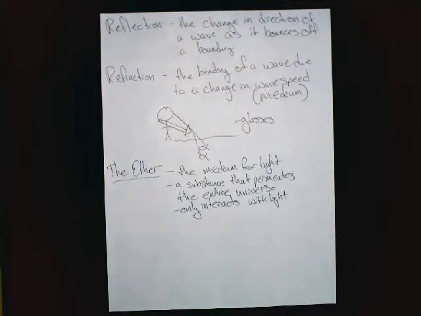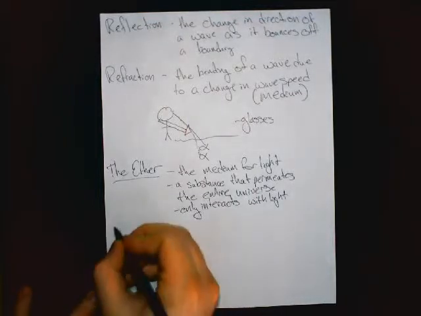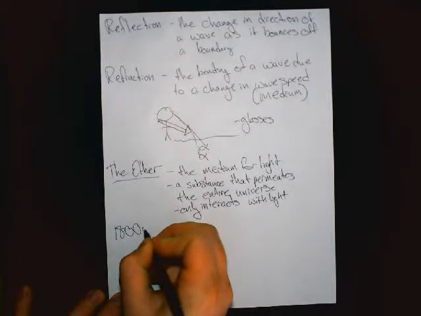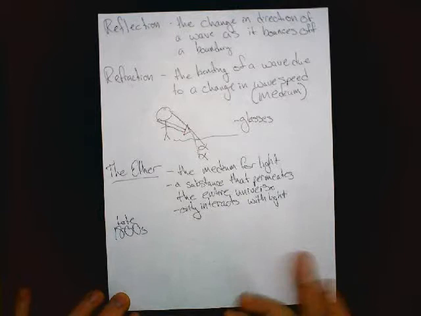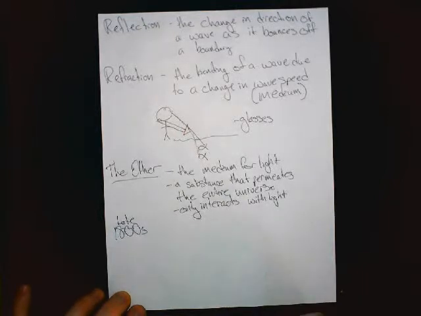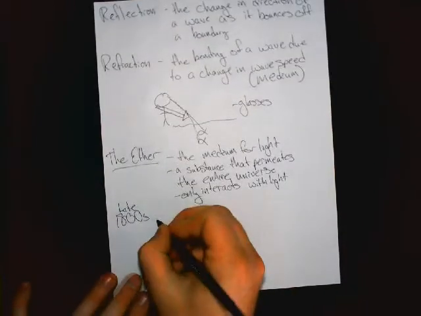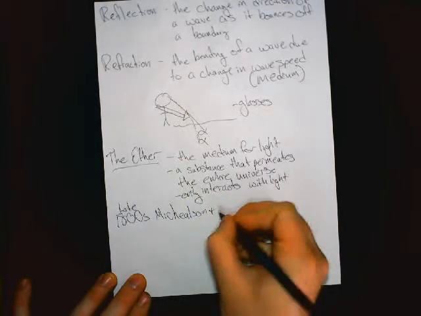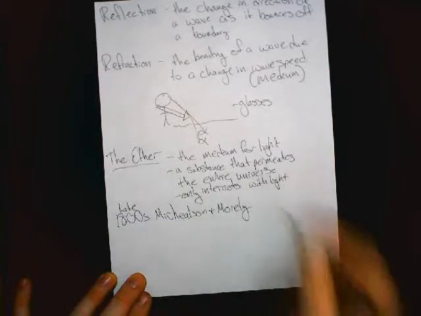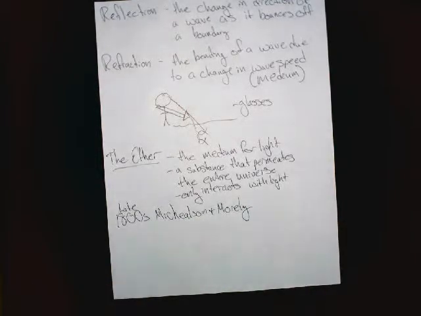There was a test in the late 1800s. A couple of guys by the name of Michelson and Morley decided to do a test to show its presence. The way they decided to do this is that because the ether only interacts with light, it should not interact with Earth.